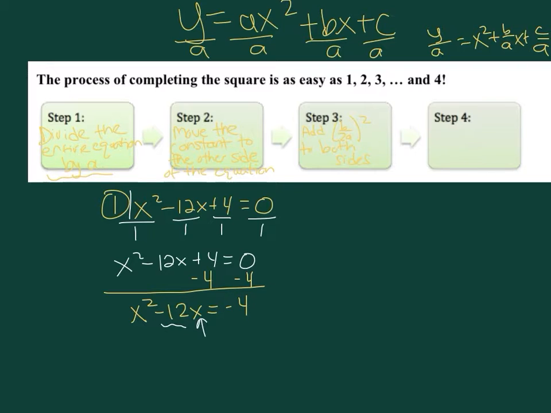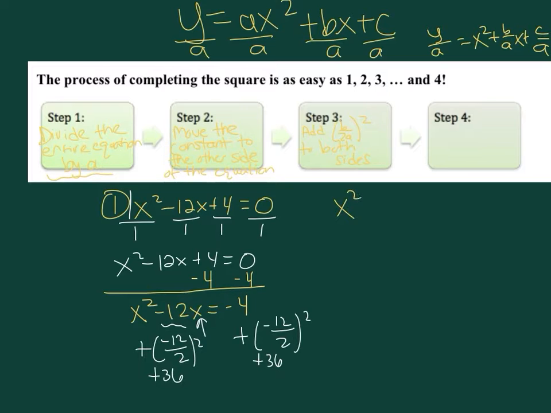So that means we take negative 12 and divide by 2, squared, because the a value is 1 and we've already divided by it. Plus sign there, so we're going to add that to the left side and the right side. Well, negative 12 divided by 2 is 6, and 6 squared is 36, so I'm really adding 36 to both sides of the equation.